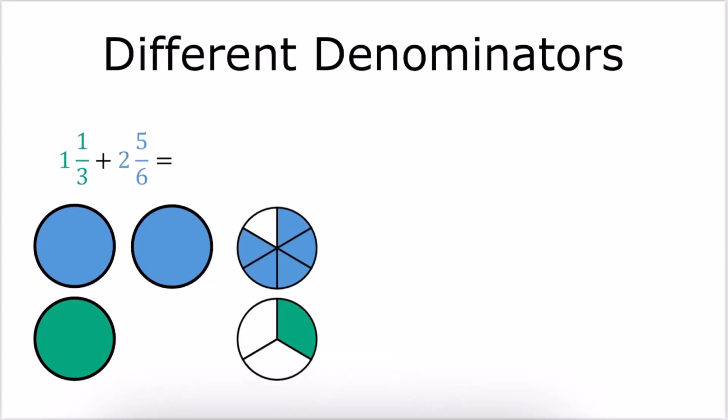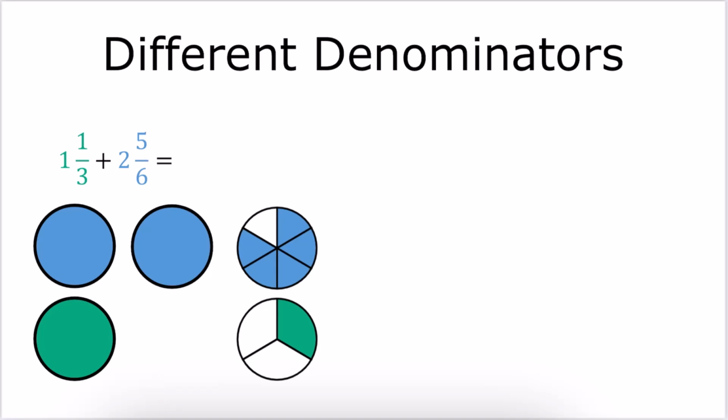Now, when you have different denominators, it gets a little bit more challenging, because on top of remembering to borrow or regroup, all of that stuff correctly, you also have to make sure that your fractions have the same denominator. So in this case, when we look at our denominators of 3 and 6, you could find a common denominator of 18 by multiplying them together, because 3 times 6 is 18.